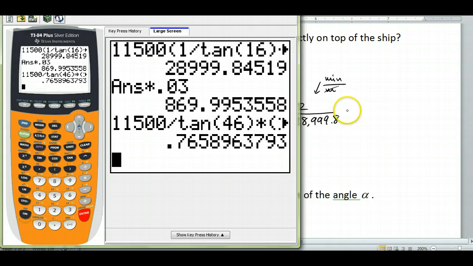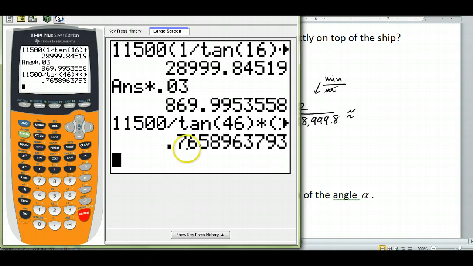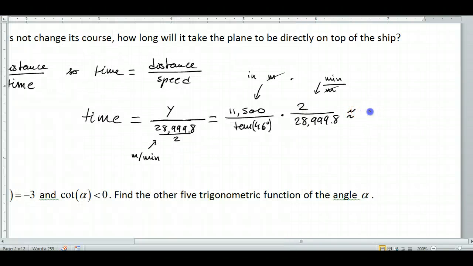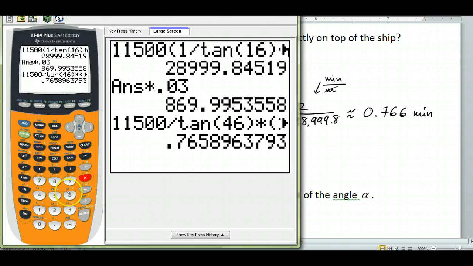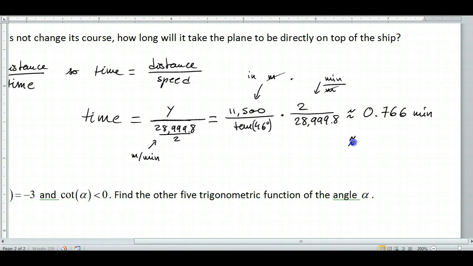So the answer that we find is 0.7659, so I'm gonna round that to 0.766 minutes. Of course I don't like that very much because it's a fraction of a minute, so let's multiply by 60 to find the seconds, and it's about 46 seconds, okay? So in about 46 seconds the plane will be on top of the boat.